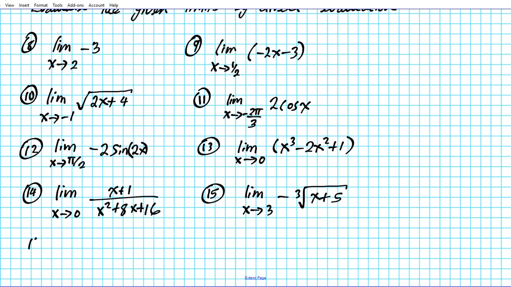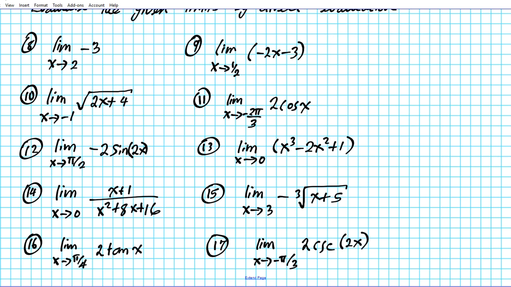Number 16, so you have to find the limit as x approaches pi over 4 of 2 tan x. And then lastly, number 17, what if you're to find the limit as x approaches negative pi over 3 of 2 cosecant 2x? Alright, so go ahead and pause this video, try out these problems. When you're done, you can click on the playback button to see what the answers are.